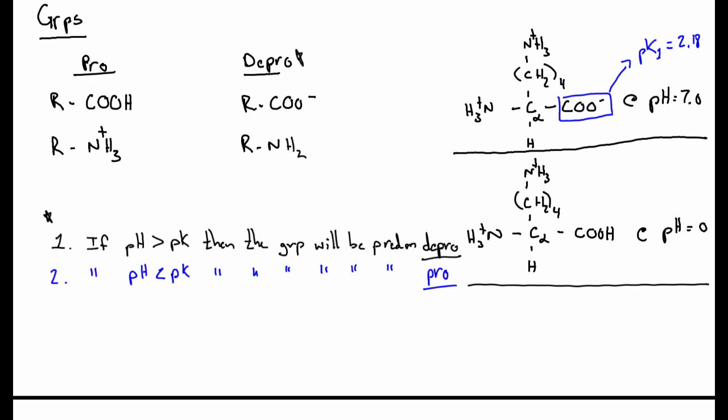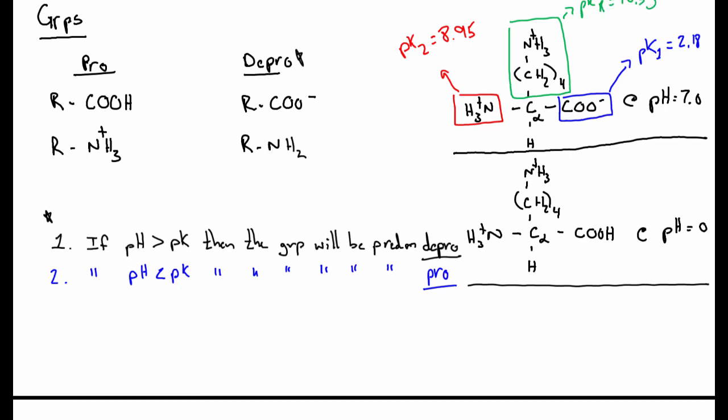When we look at the alpha amino group, the pK of that is what we call pK2, in all amino acids. This is 8.95. We always label the pK for the alpha carboxyl group as pK1, and the pK for the side chain, this guy here, will always be called the pKr. For lysine, that happens to be 10.53.